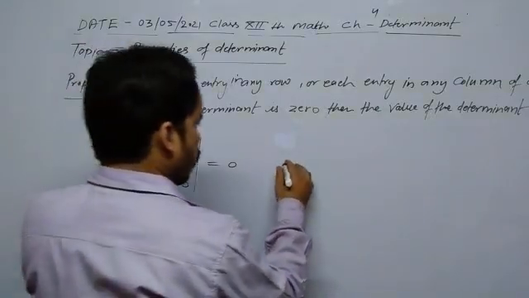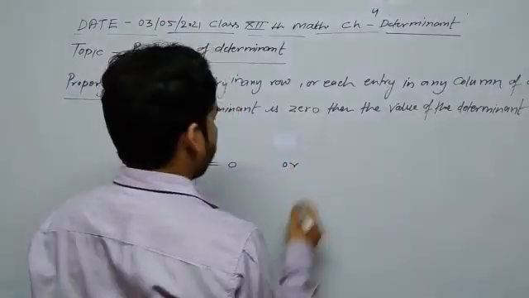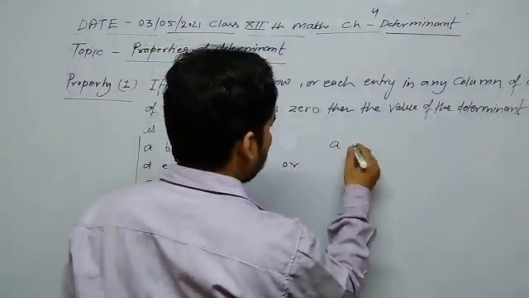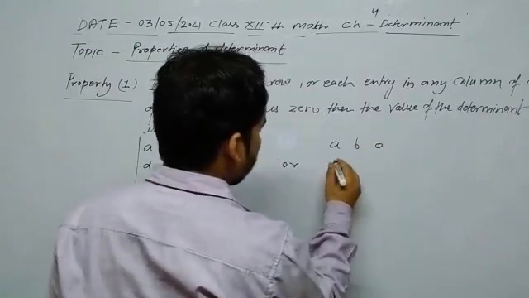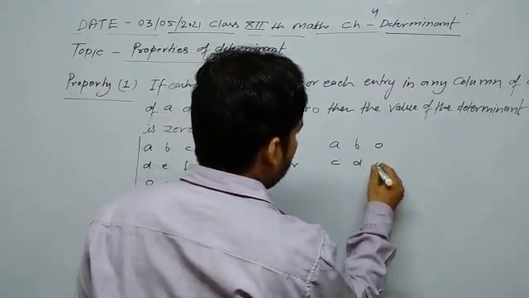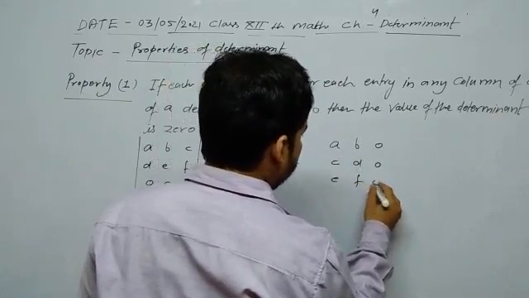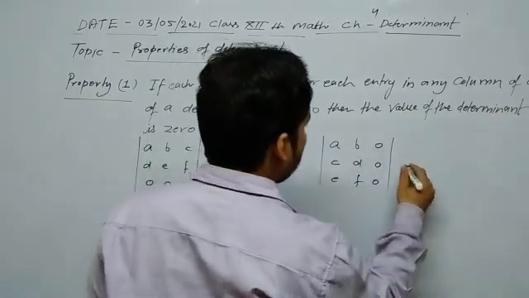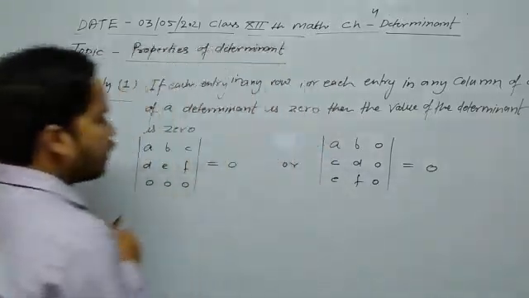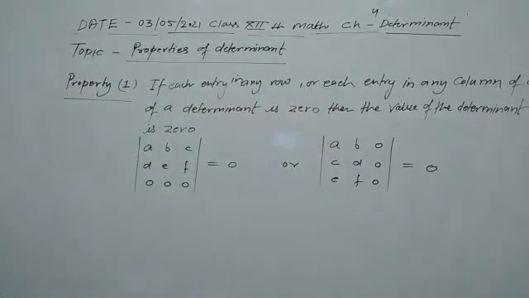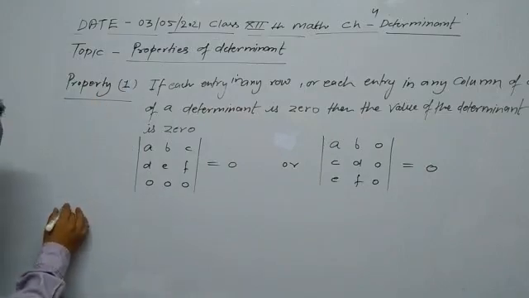Or for a column: A, B, 0, C, D, 0 and E, F, 0, this result is 0. See its example.